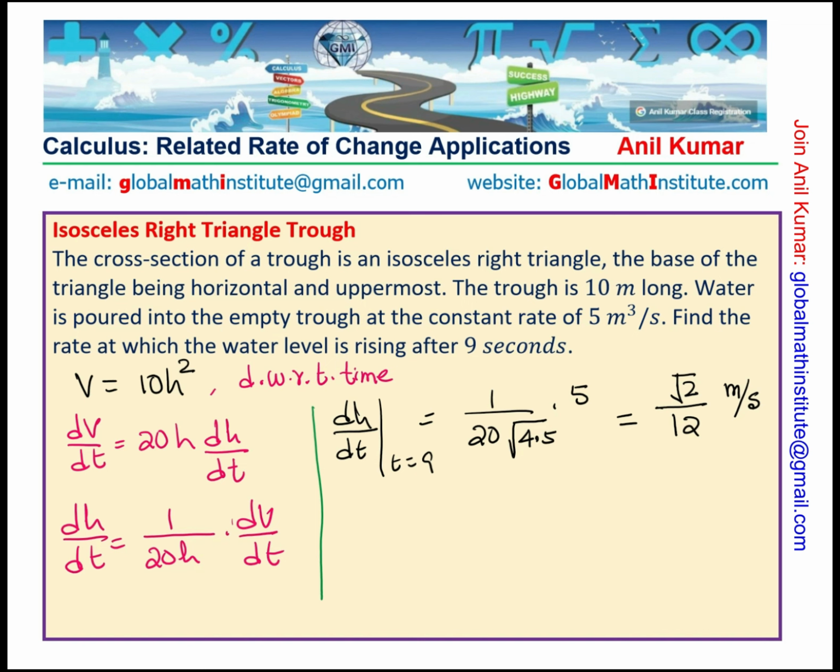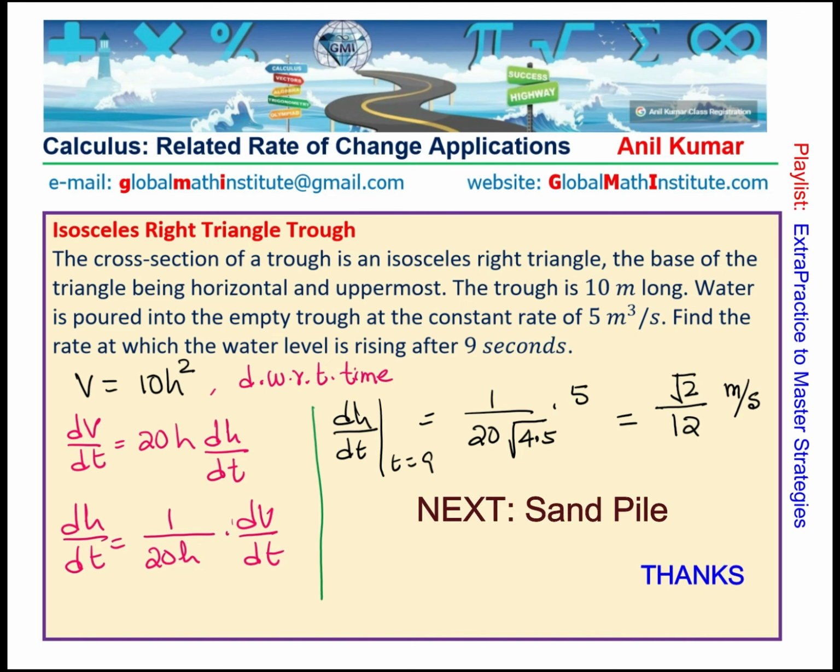Volume times 10 because the trough was 10 meter long, and then the derivative. And we also found after 9 seconds what will be the height, and then the rate of change of height at t equals 9 seconds. So I hope all these steps are absolutely clear to you. You may go through this video once again and check many more videos from our playlist.